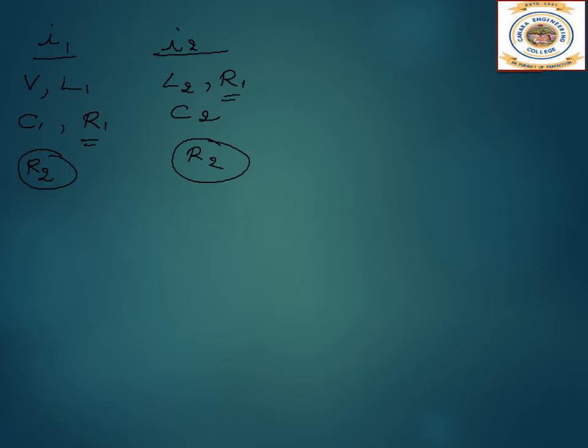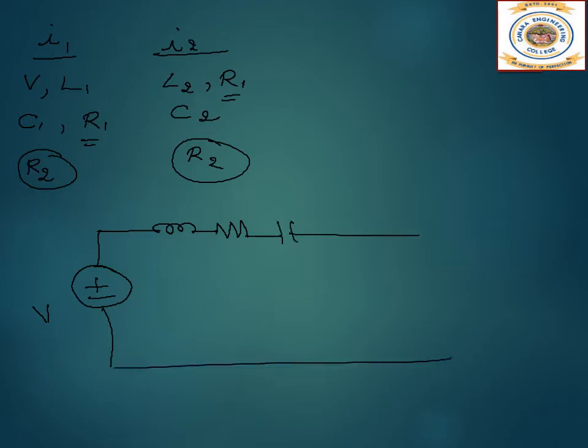So let us draw the circuit now. So okay, here plus minus, this is a voltage V. Then we have L1, R1 and C1 in loop 1. So L1, R1, C1. In between we have R2. And in loop 2 we have L2 and again we have R1.